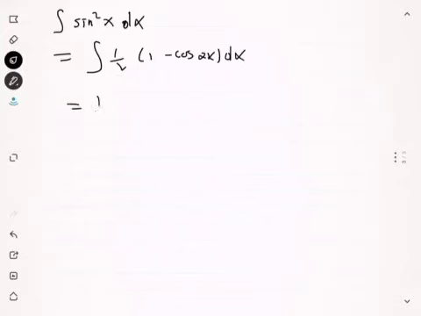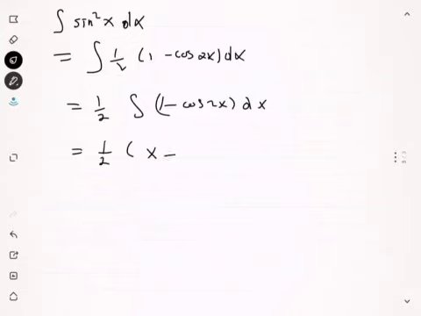You can bring the 1/2 out, and then you integrate 1 minus cosine of 2x dx. So this is like using a half angle identity, and then you get 1/2, and then x minus, when you integrate cosine of 2x, you get sine of 2x divided by 2 plus c.